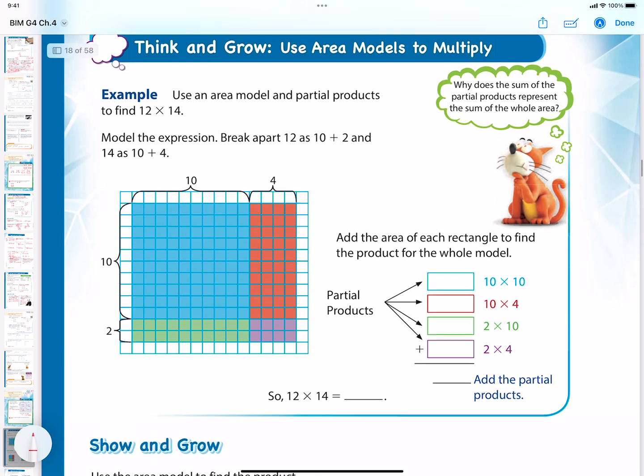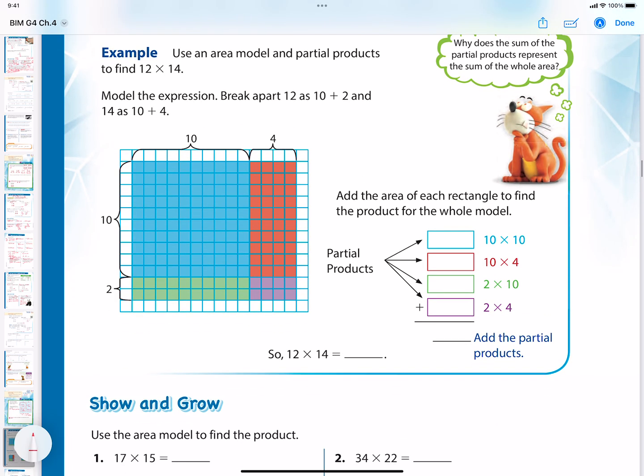All right, next page. Use an area model and partial products to find 12 times 14. 12 rows of 14, right? And we are going to use this. Model the expression. Break apart 12 as 10 plus 2. Yeah, distribute it. When we did it, we did a lot, right?